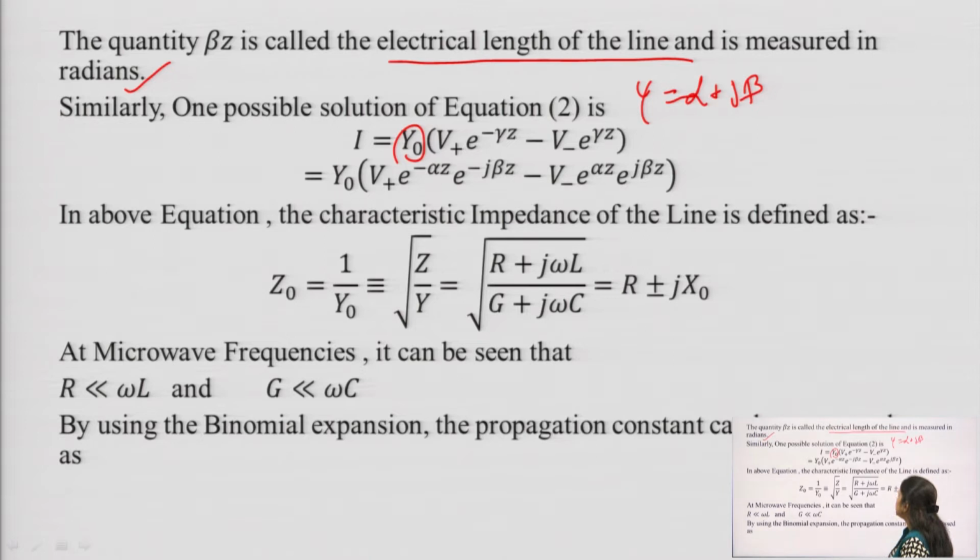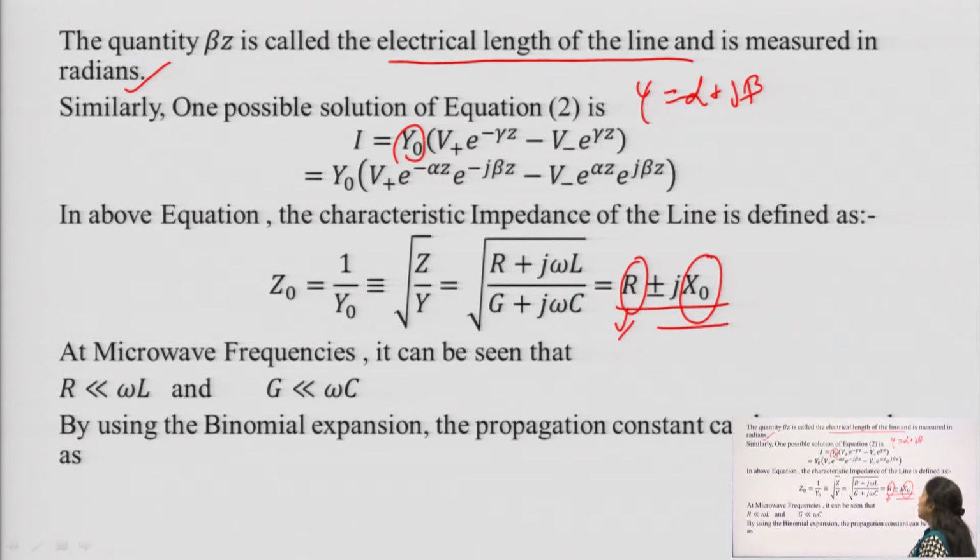So the equation changes into R plus j omega L over G plus j omega C, and when we write it in terms of real and imaginary parts, R is a totally resistive part, and X naught combines both the capacitive and inductive parts.